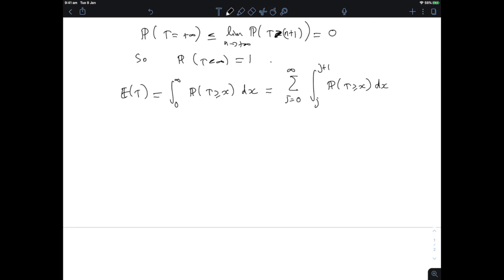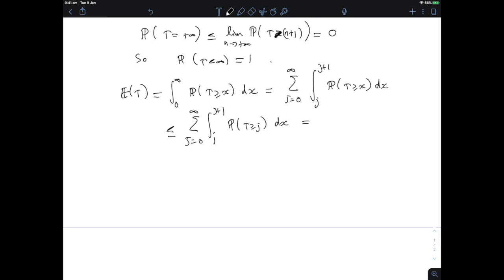And if tau is greater than x, and x is between j and j plus 1, then it's certainly greater than j. So the probability of being greater than x is smaller than the probability of being greater than j.